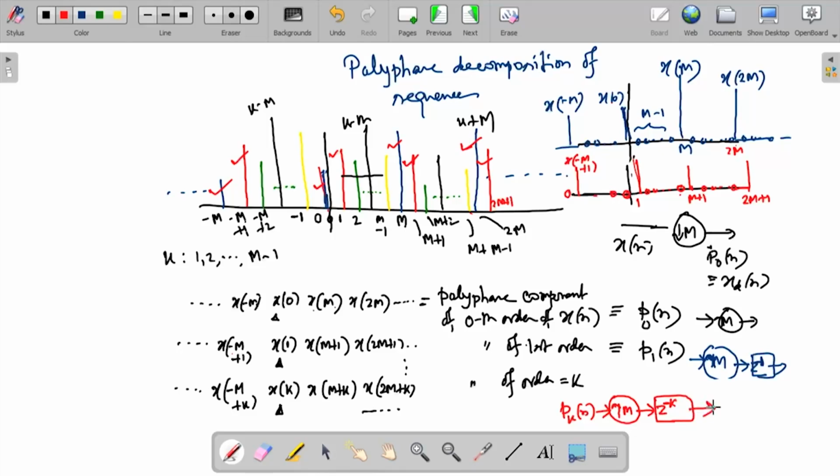What will you get? In Pk[n], the kth sample x[k] and x[M+k] have M minus 1 zeros. Again between x[M+k] and x[2M+k], I have M minus 1 zeros, same here. Now after inserting the zeros, there is expansion, and I am delaying it by k. So x[k] from the origin, this sample will move to the kth location. So x[k], this fellow will come back here at the kth position.